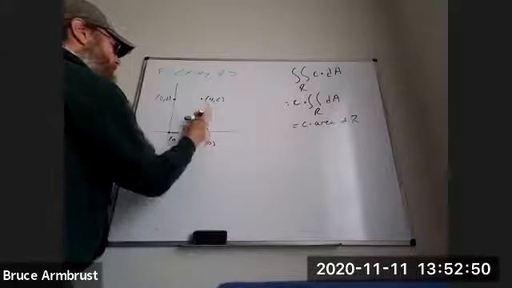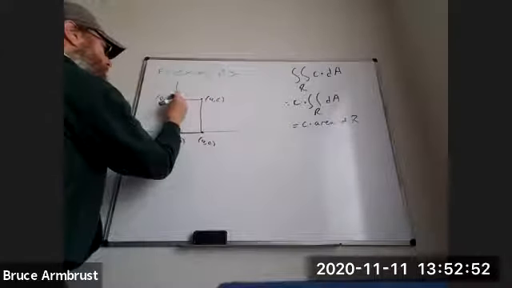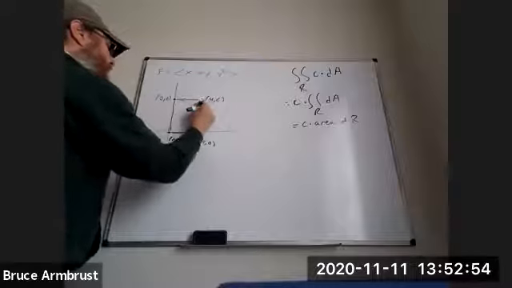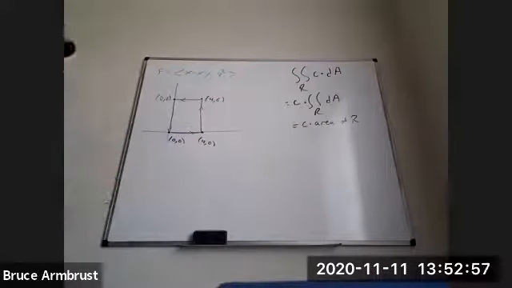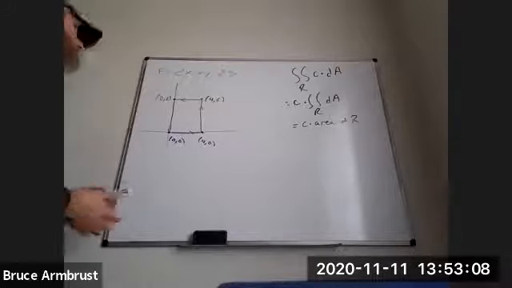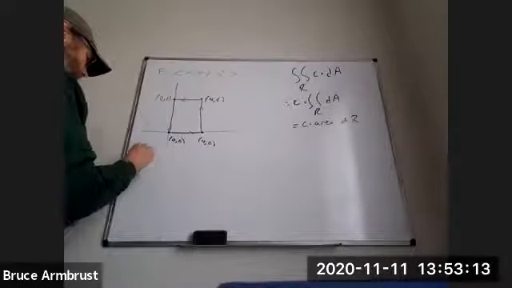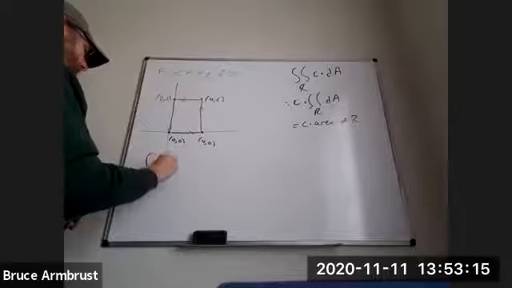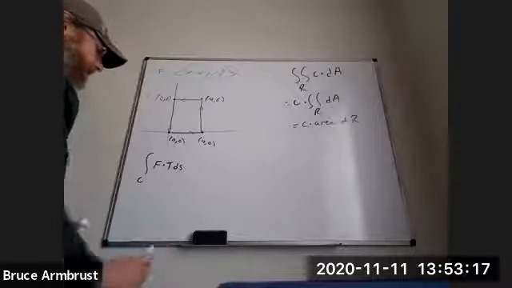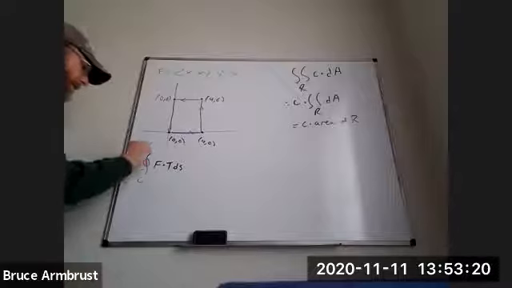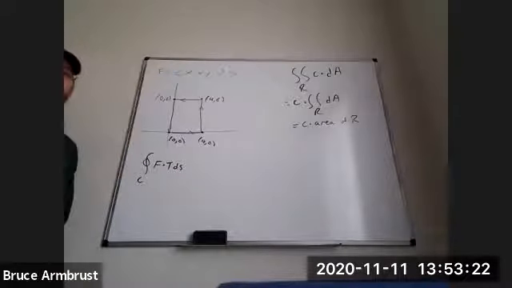But we're going to orient ourselves positively so that we're going in a counterclockwise direction. So that's C. And again, what I'm looking for is the integral over C of f dotted t ds. And since it's closed, I'll go ahead and put the circle on there.